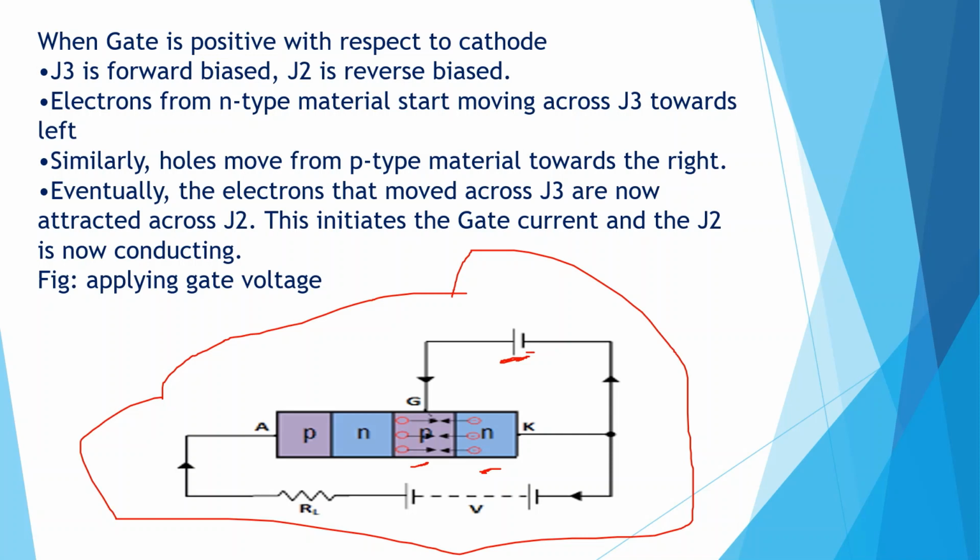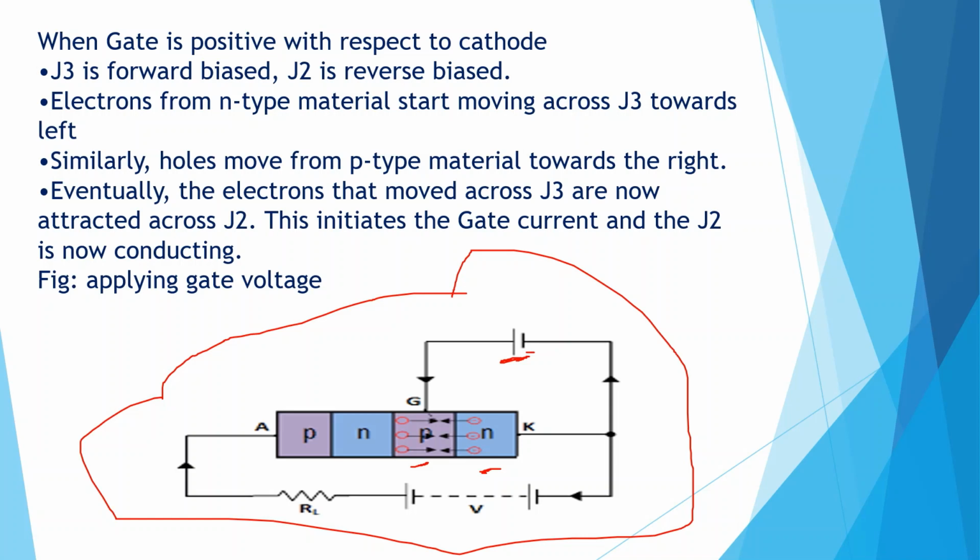So collector current of the first now will be amplified and it will be given to the base of the second transistor. So the collector current of Q2, that is IC2, is equal to alpha 2 multiplied by IB2. Alpha 2 is the current amplification factor and IB2 is the base current of your second transistor.